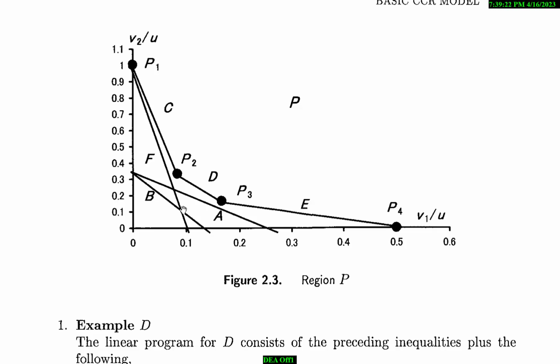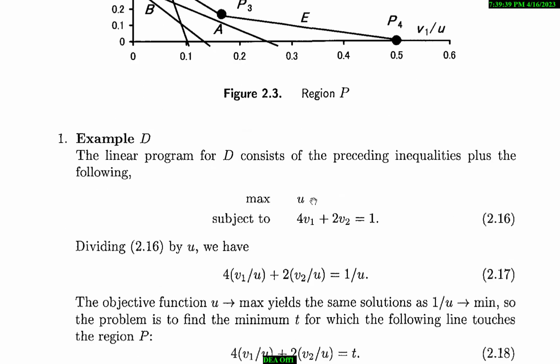So F is weak efficient, B and A are CCR inefficient, and the others, C, D, and E, are efficient.